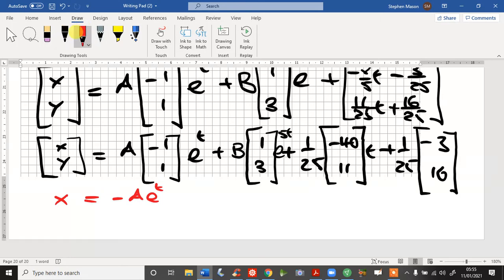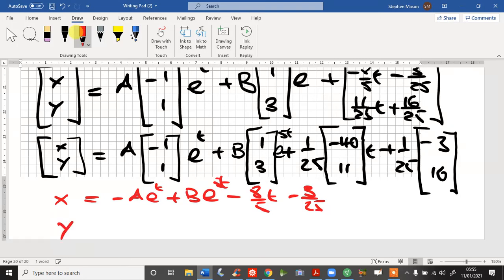I do miss things out, make errors. So plus b e to the 5t. And then, of course, you're better leaving that as minus 8 over 5t minus 3 over 25.